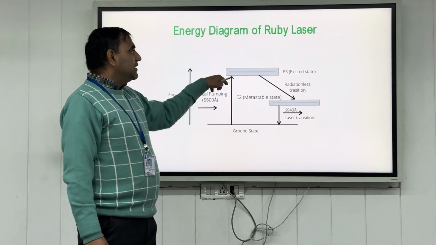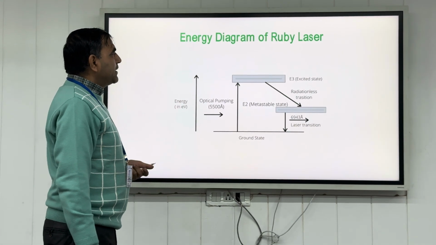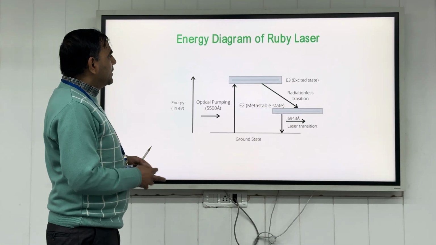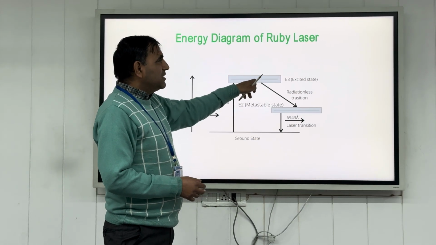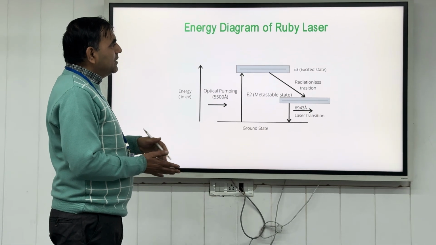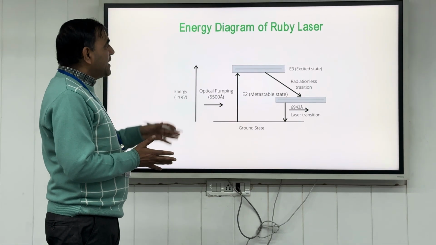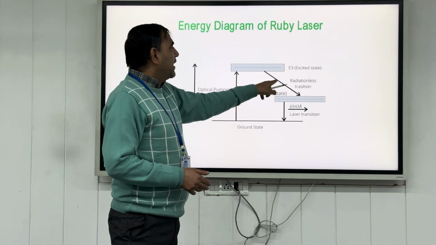The lifetime of the E3 high energy state is small, about 10 to the power minus 7 to 10 to the power minus 8 seconds, and this is a radiationless transition, because it is a spontaneous emission, and there is no laser action.